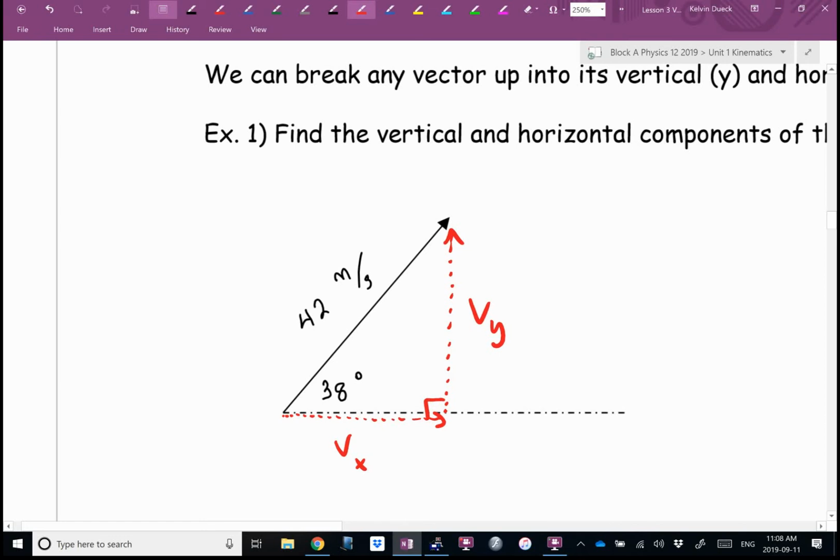I'm not doing Pythagoras here. But I am going to label the triangle. What's that 42? Opposite, adjacent, or hypotenuse? I should have gone like this. Color.